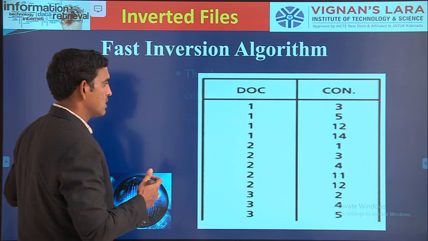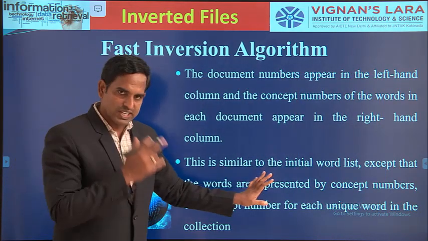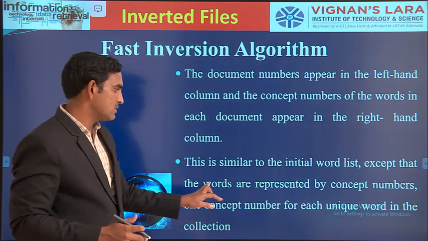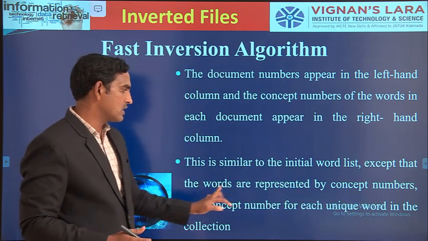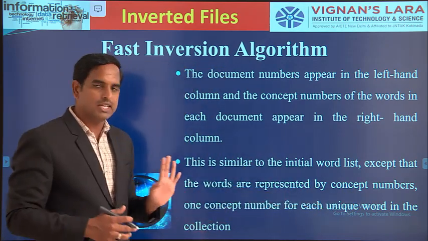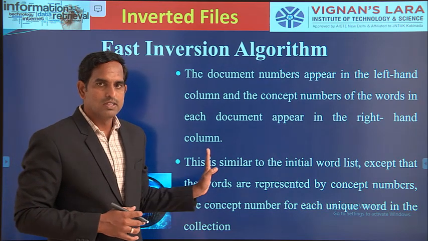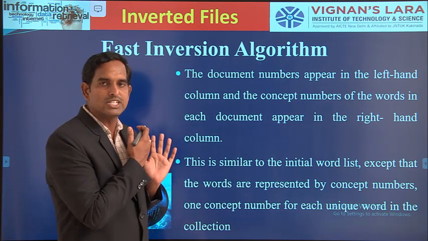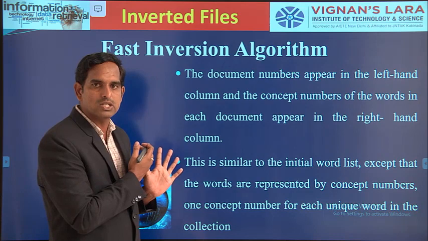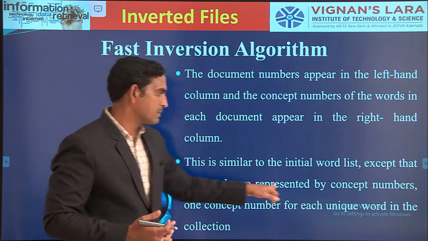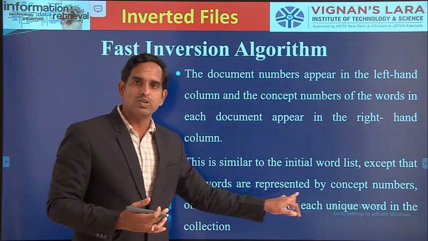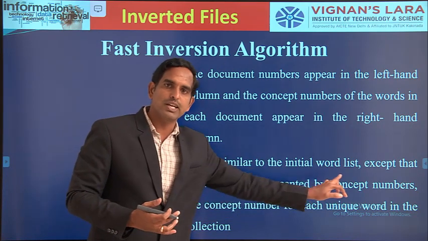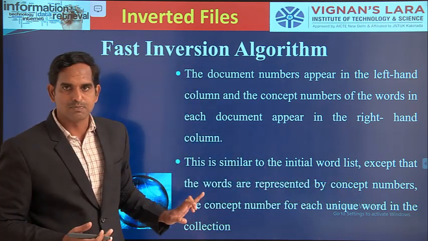This is similar to your initial word list, except that the words are represented by concept numbers, one concept number for each unique word in the collection. As I told you, this is similar to the initial word list in the previous two methods, where words are represented by concept numbers, and each unique word in your collection is given a unique number.